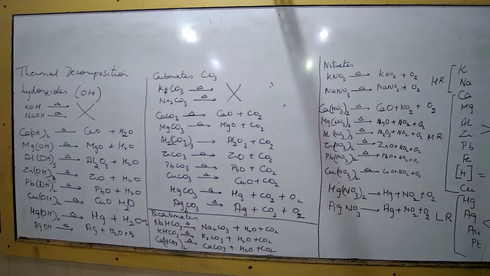However, zinc oxide will become yellow when hot but remain white when cold, while lead oxide will remain yellow when hot and yellow when cold. That's how you will differentiate between zinc nitrate and lead nitrate. This question will come. Is this clear?